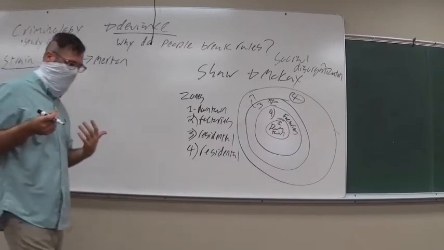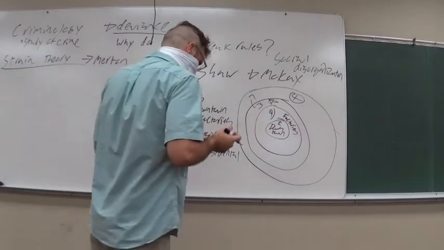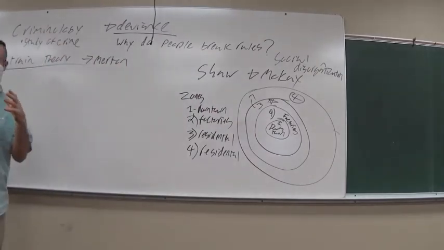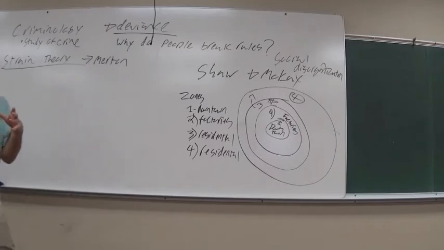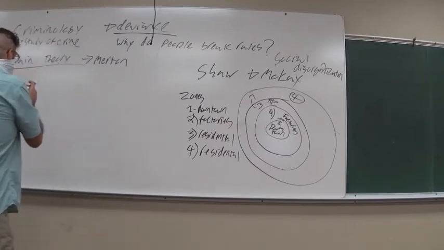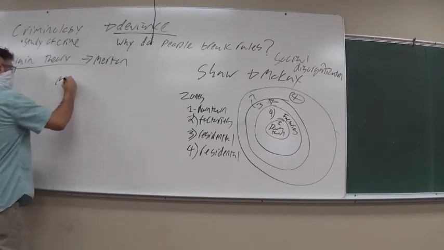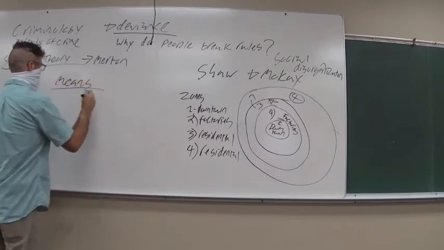So with Merton, there's a tension in the United States that he thinks can explain most crime and a fair amount of deviance in general, which he explains as a contradiction between our cultural goals and the means by which we're told to pursue them.